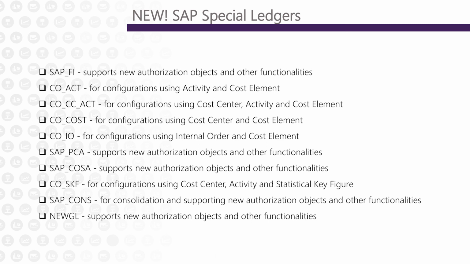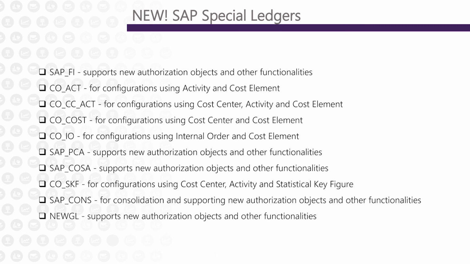So one of the new features that came out in 14.7 was the addition of more SAP special ledgers for you SAP users out there. These are available from within the Builder template. So when you drop down your standard FI, CO, PCA options, you'll see a lot more ledgers that are available to select.